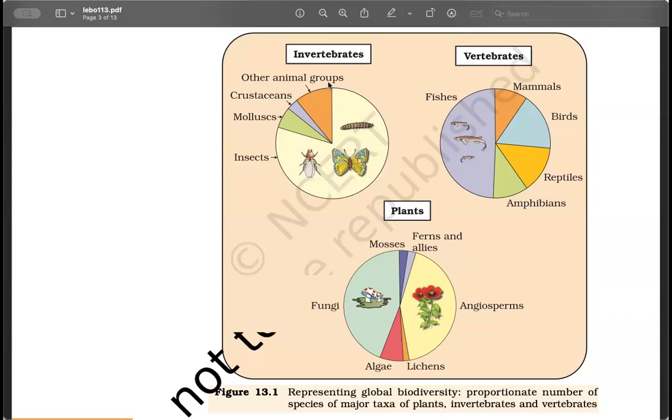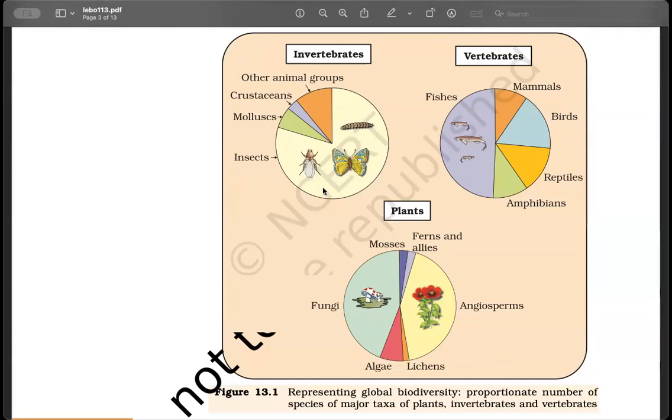And I also connected dots from this pie chart that Parker missed. The point, narrowly, is that insects have an overwhelming number of species, which is more than three-fourths of the total invertebrates. It also tells us that what we studied in class 11th in the classification chapter, that phylum Arthropoda is the biggest phylum in kingdom Animalia.